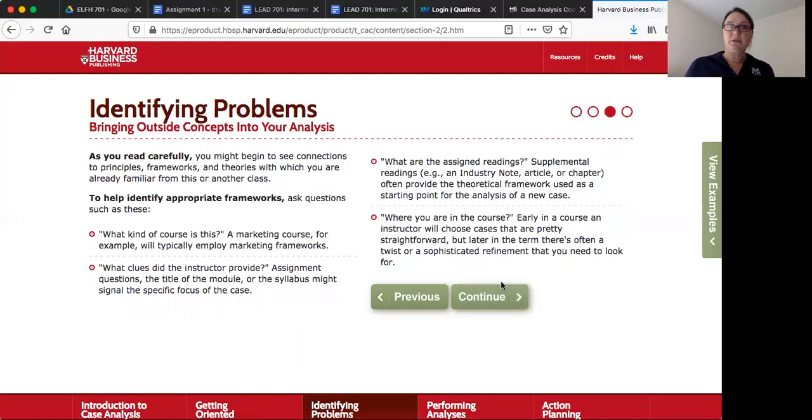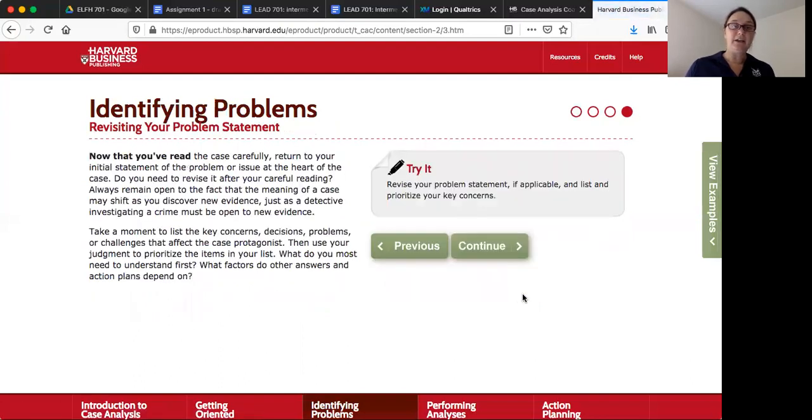Think about assumptions, generalizations, and trial and error, making sure that you're really identifying what this particular case is trying to tell you.